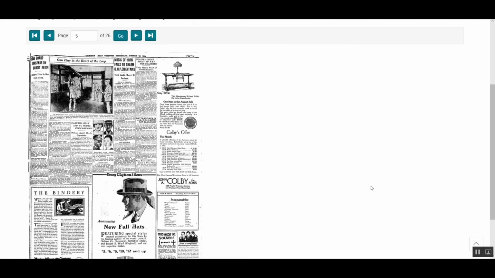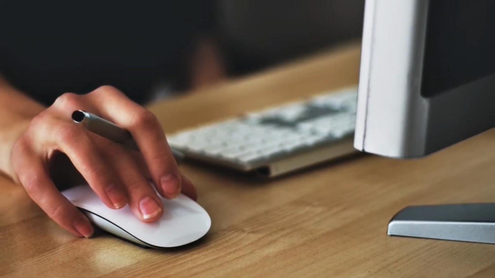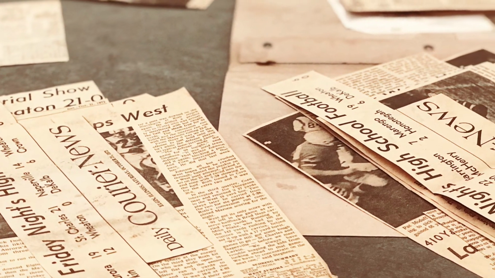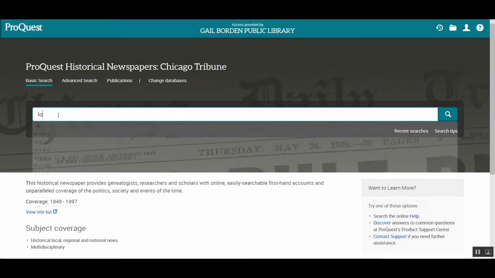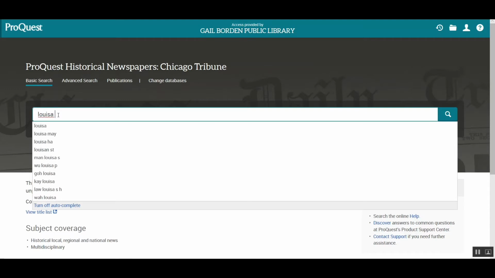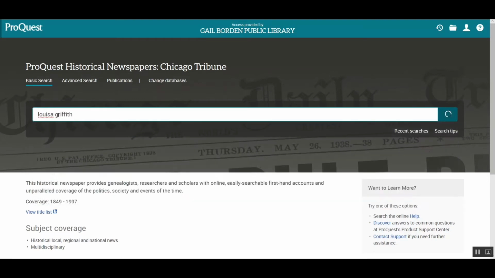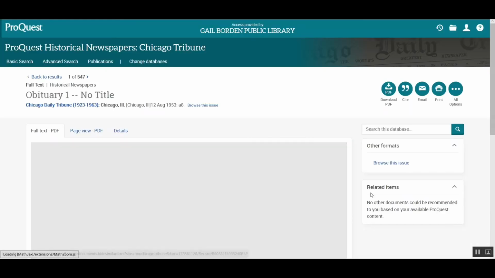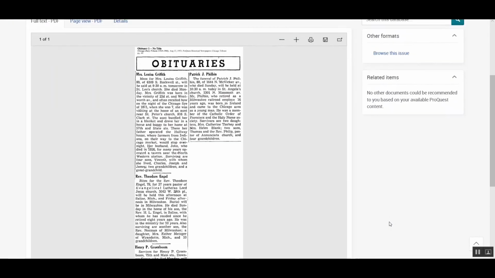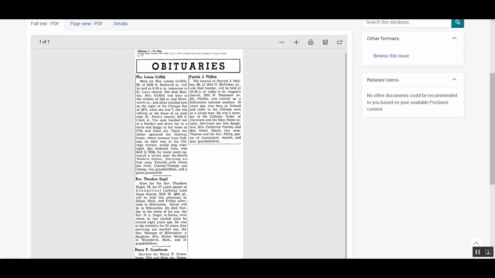Another thing we often like to research is our family history. And if you have family who lived in the Chicago area, you may find information about them here. We don't always find as much as we'd like, but sometimes it works out. Often we like to find obituaries for people because we can find a lot of information in them sometimes. We can get the person's life as well as their family, and that can be helpful.